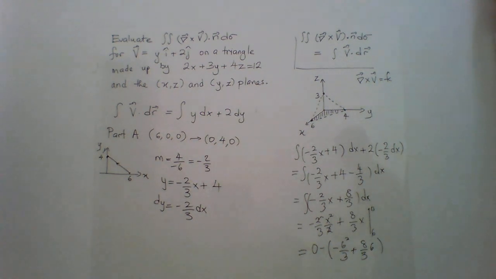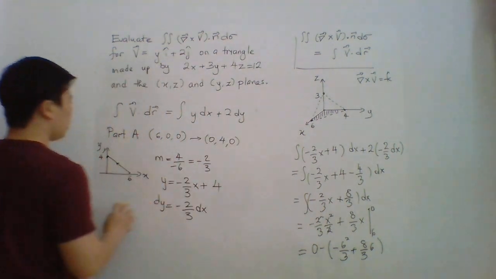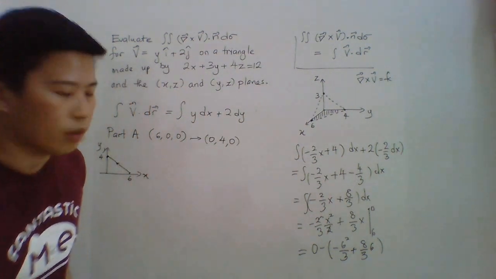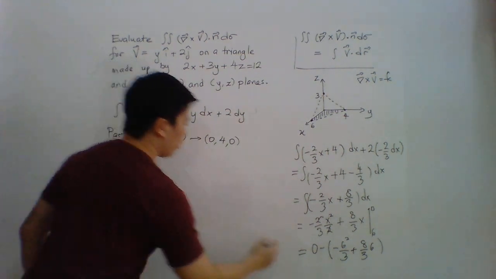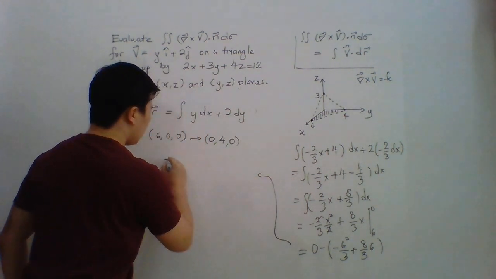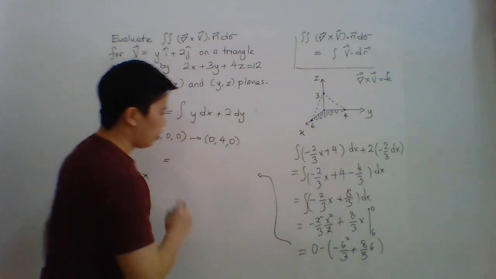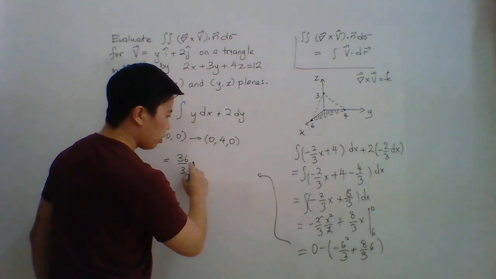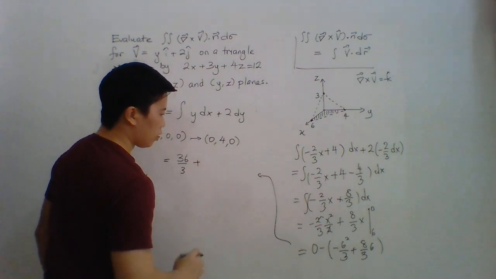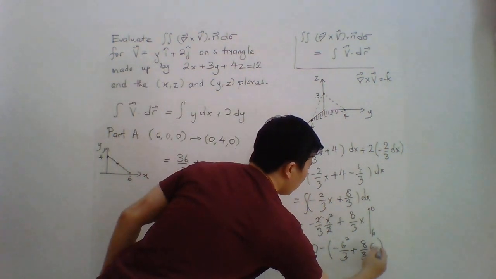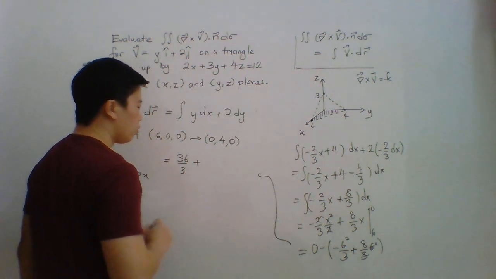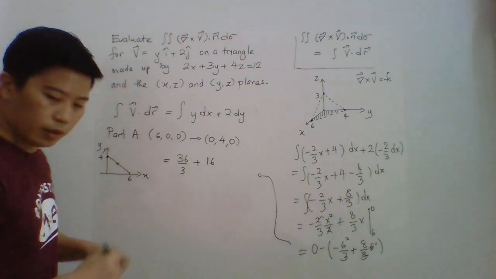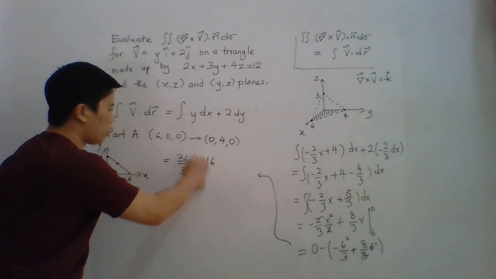So let's just move this over to this side, and we will replace this. So now this is going to be equal to 36 divided by 3 plus, this is 3, this is 2, so 8 times 2, this is going to be 16. And this is going to be minus sign.